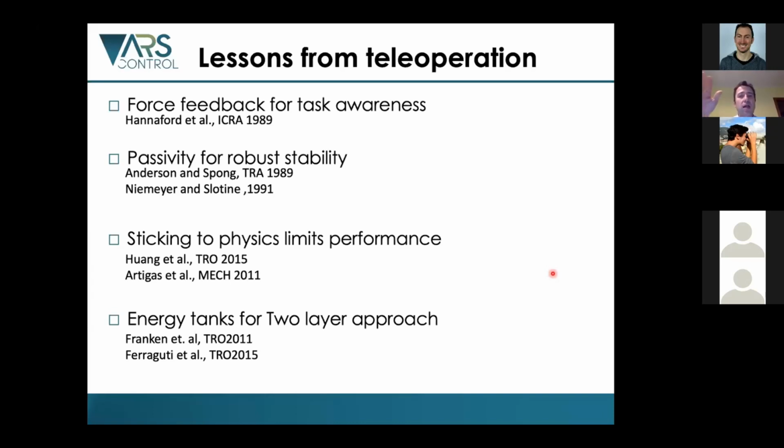Since, I would say, 10 years ago, passivity-based control was based on reproducing a controller that was mimicking a physical dynamics, like mass spring dampers or an interconnection of mass spring dampers, according to the controller you want to implement. But sticking to physics limits performance. What you achieve is safety and stability, but bad and not so flexible performance.